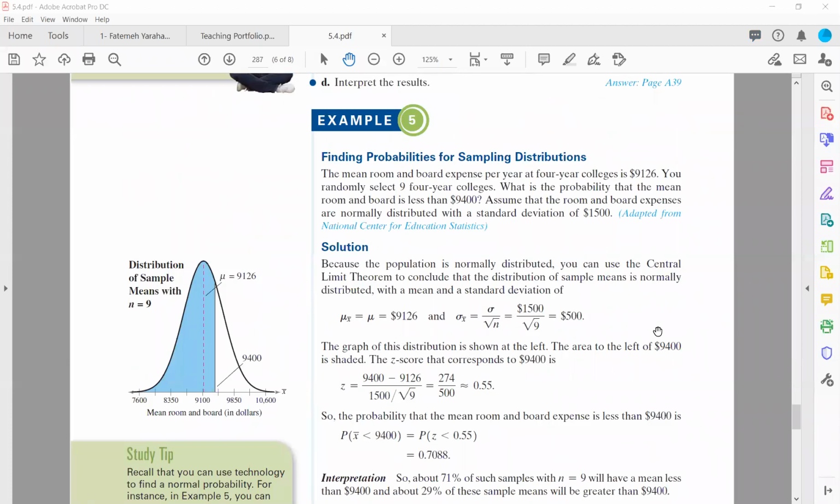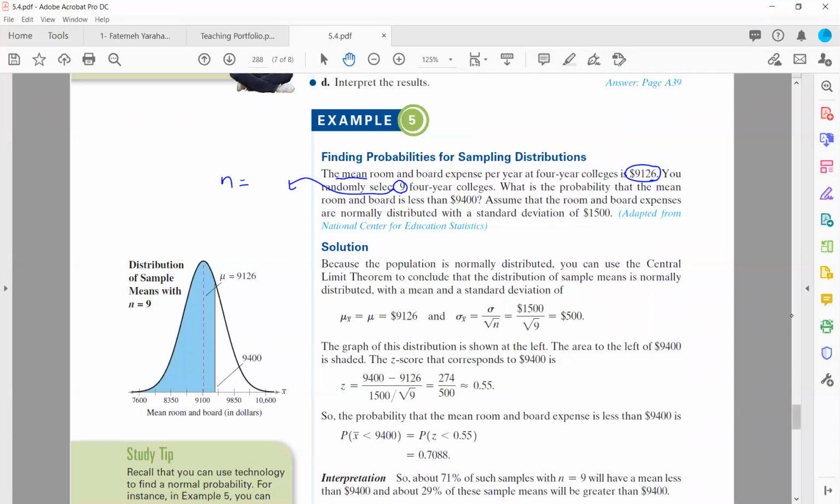Next example. Example 5, find probabilities for sampling distributions. What do you have? You have the mean room and board expense per year at four-year colleges, which is $9,126. So you have your mean. You randomly select 9. What's given?